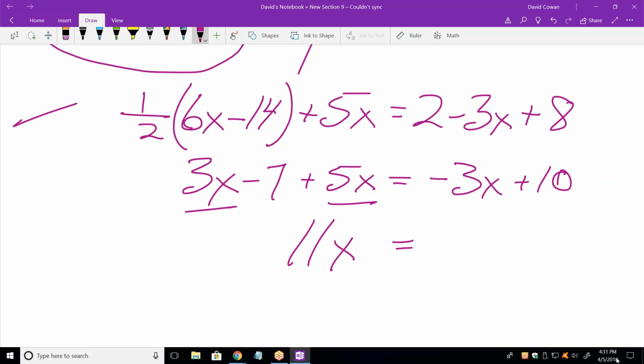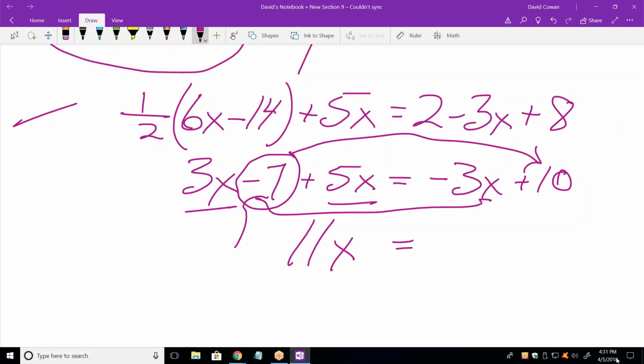How many numbers do I end up with on the right side? You end up with one number on the right side, but there's one on the left, so we have to drag -7. Here's what I mean: you need to move that over to this side. We've already moved this to this side.